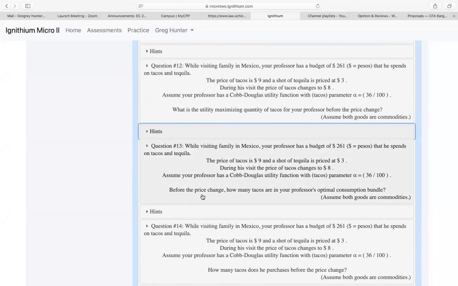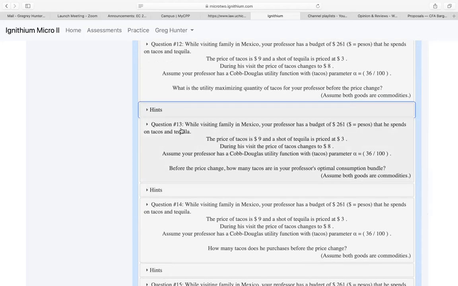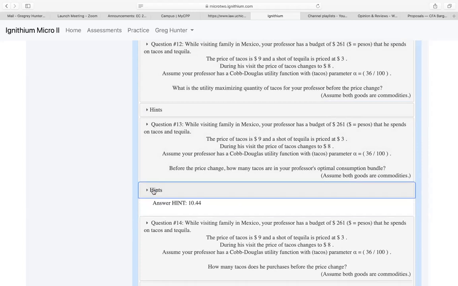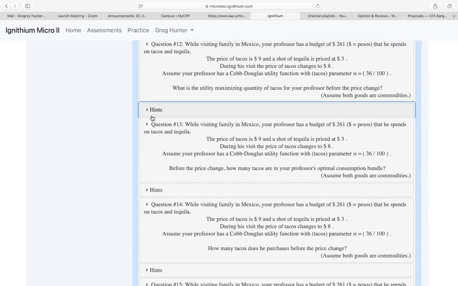And then there's just a little bit of change in the language. So 13 says, how many tacos in the optimal consumption bundle? This is to reinforce that when you solve the utility maximization problem, you're actually finding the components in the optimal consumption bundle. So the value is the same.